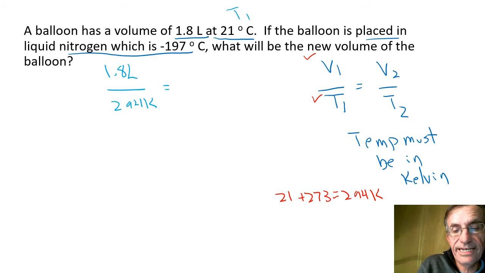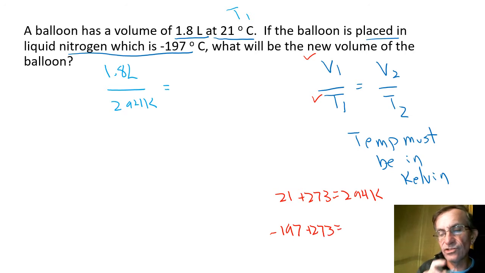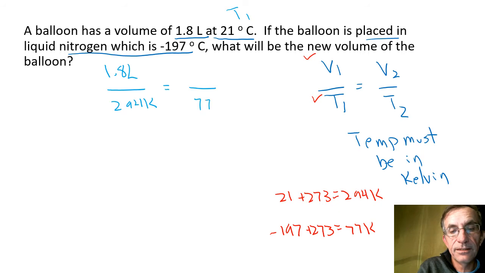When you add 273, make sure you realize there's a negative sign there. You actually get 77 Kelvin. That is my new temperature, 77 Kelvin. What's the new volume?